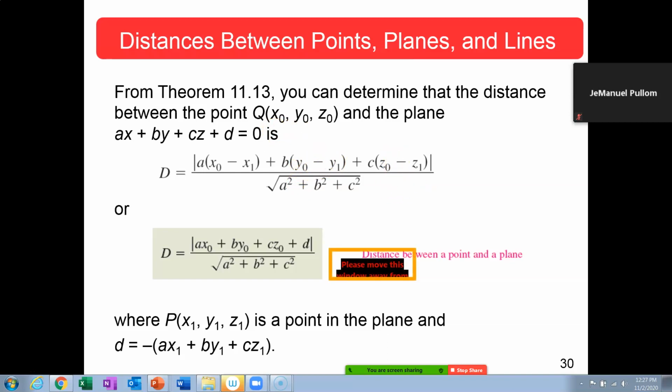Whatever that comes out to, take the absolute value of that dot product and then divide it by the magnitude of your normal vector, the square root of a squared plus b squared plus c squared. The d, you notice here, doesn't come into it at all.